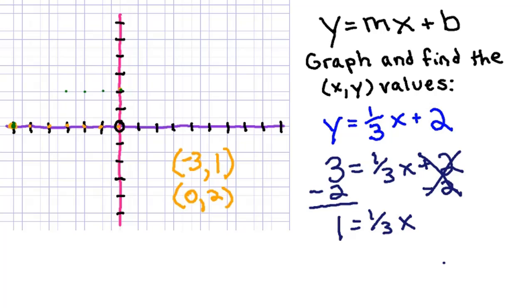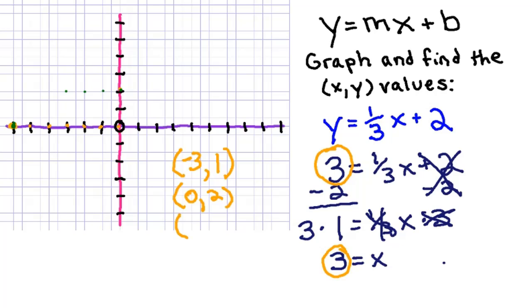Now we need to get rid of this 1/3, so we multiply by 3 on both sides. So the 1/3 and the 3 cancel each other out, and over here 3 times 1 equals 3. So 3 equals x. So when we plug in 3 for the y, then x is 3 as well. So let's write that down. 3, 3.